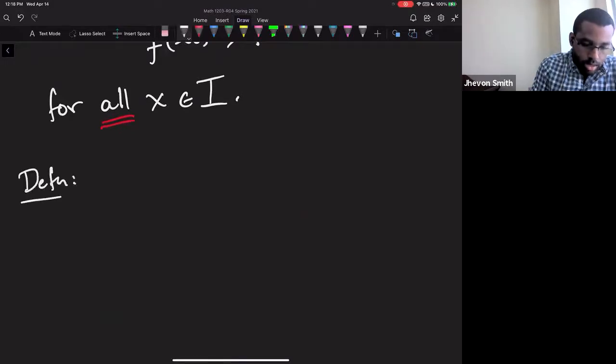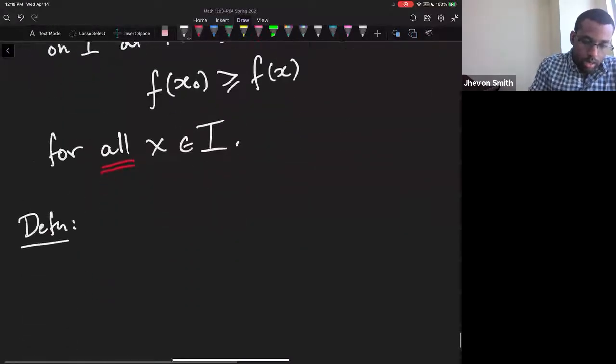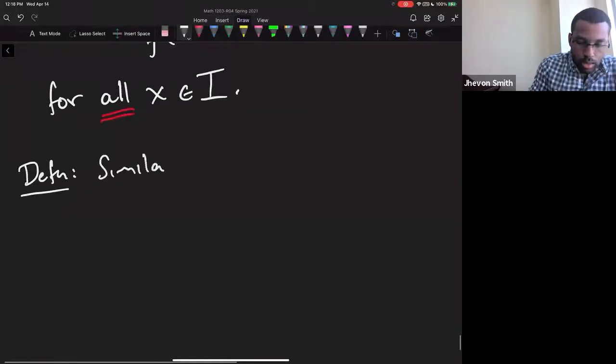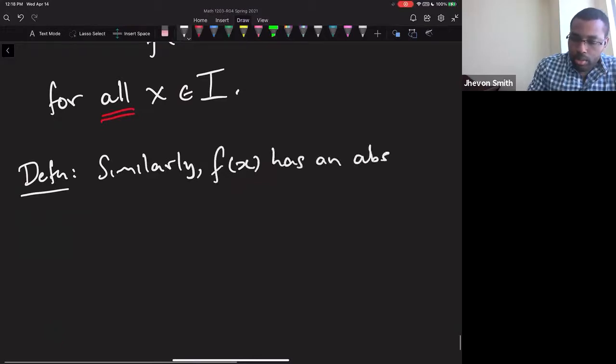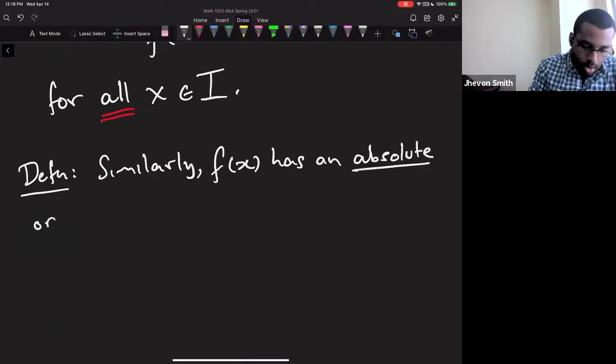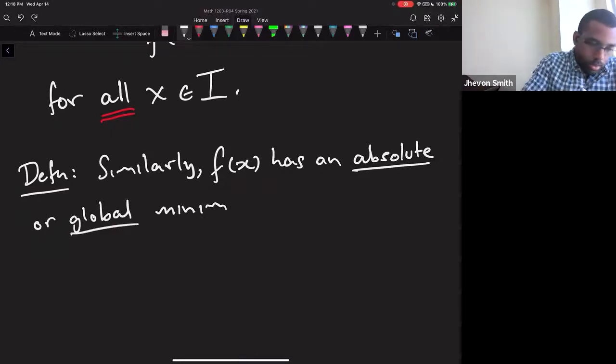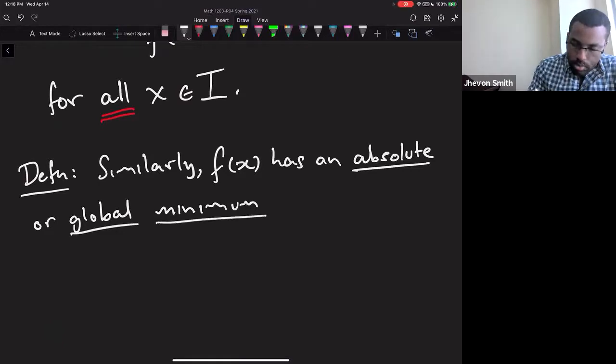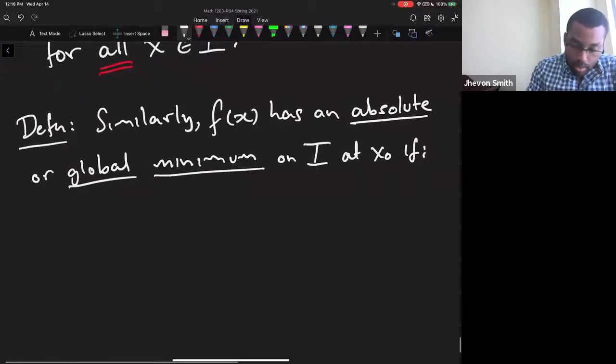Definition. Similarly, f of x has an absolute or global minimum on I at x naught if it's smaller than everyone.